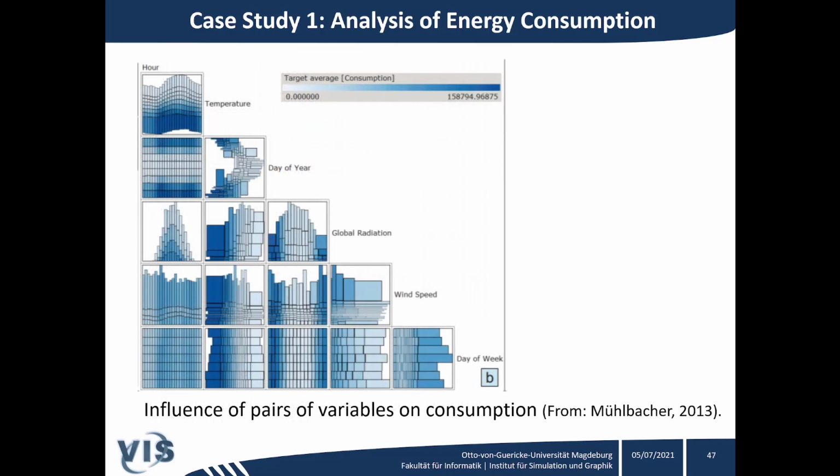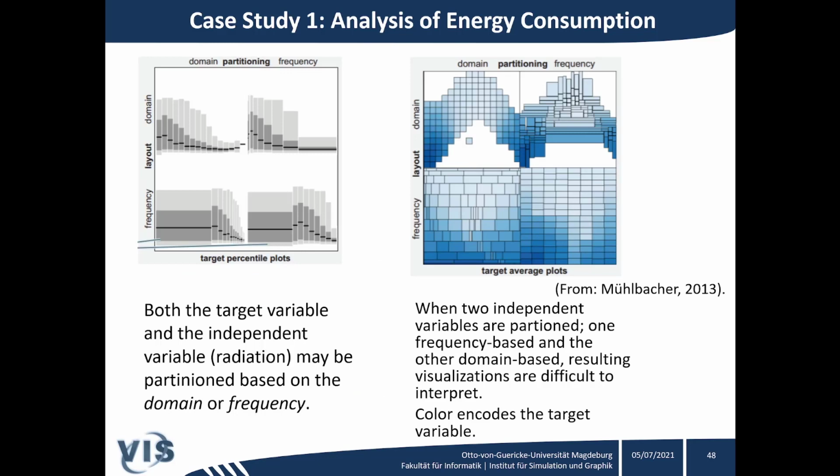Besides single values, the influence of pairs of variables on energy consumption is depicted. So in this case, the color encodes the target, which is the average consumption. There are also use cases where both, so the target variable and the independent variable radiation, may be partitioned based on the domain or frequency, as you can see in the left image.